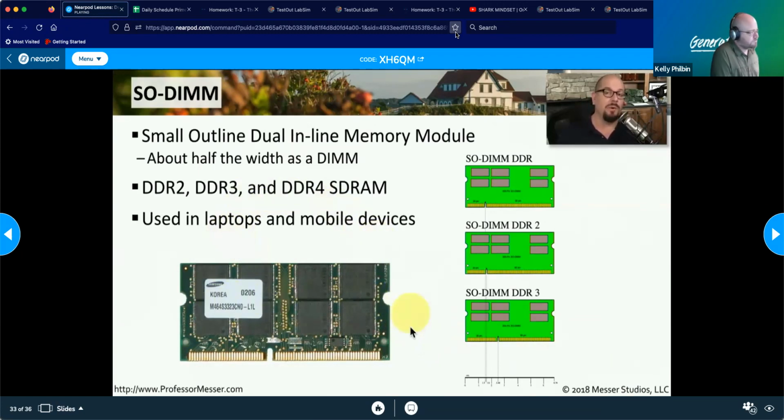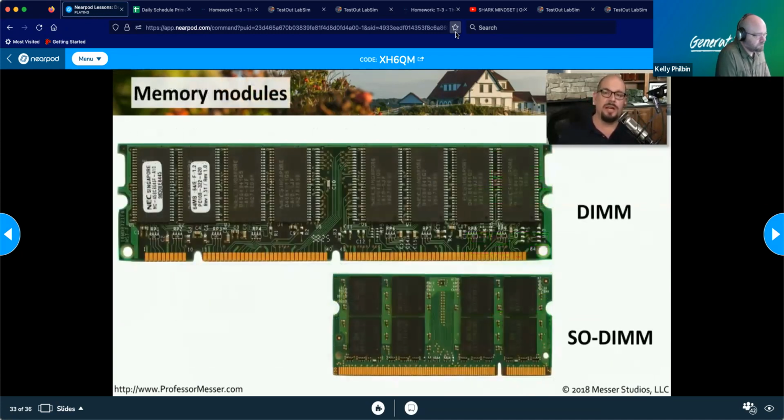You're able to fit a lot more information into a smaller area, which is important for those mobile devices. Here's a good size comparison of these two. The DIMM is the larger memory module that you would find in a desktop computer, and the SODIMM you can see is about half the size, and you would find that in laptops and other mobile devices.